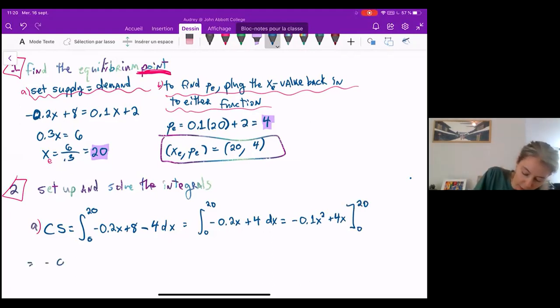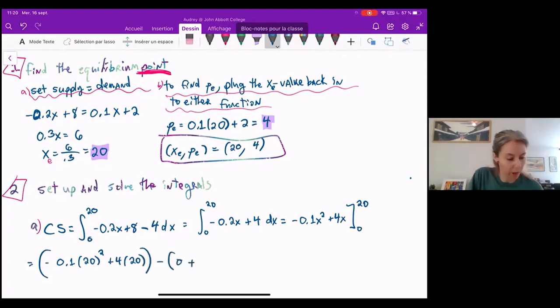So this is negative 0.1 times 20 squared plus 4 times 20 minus 0 plus 0. Now, a thing to note is that if I get a negative value, I did something wrong. Both my consumer surplus and my producer surplus should always be positive. So hopefully we're going to get a positive value here.